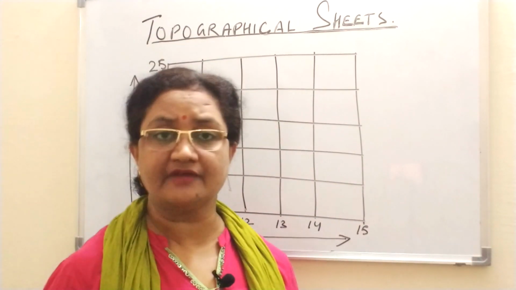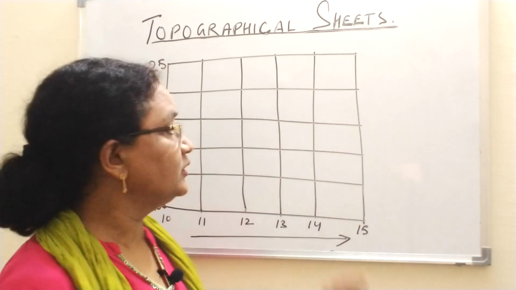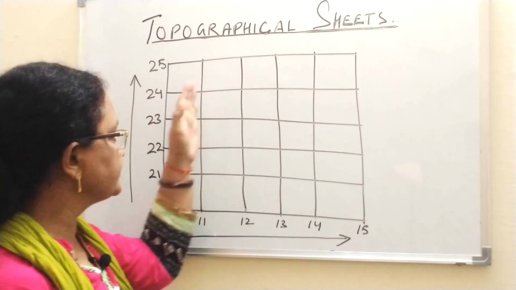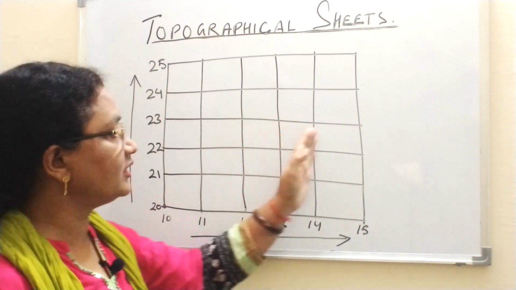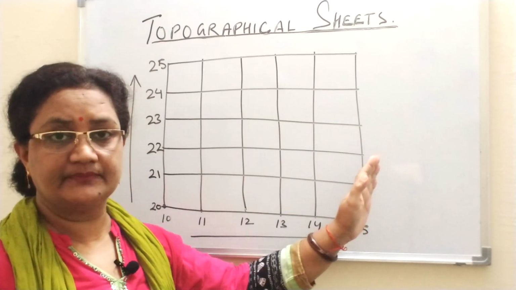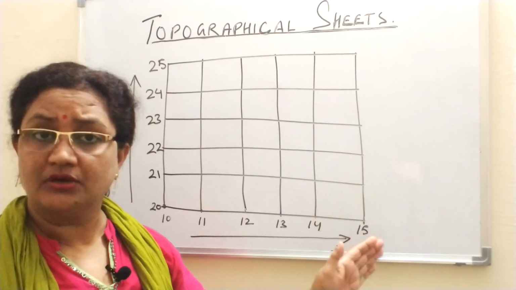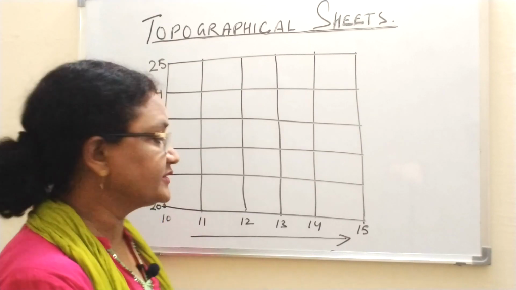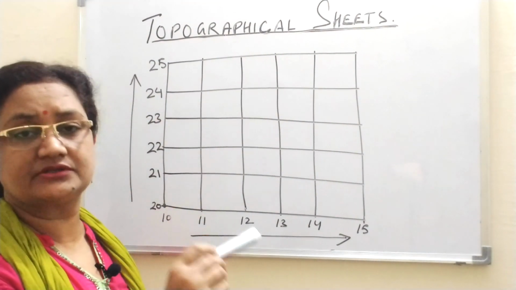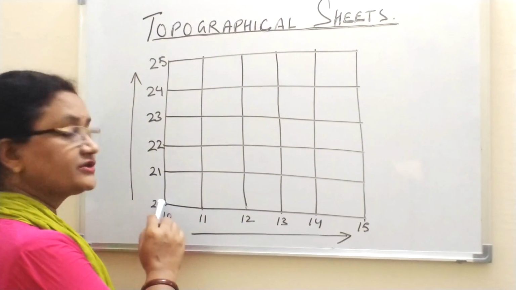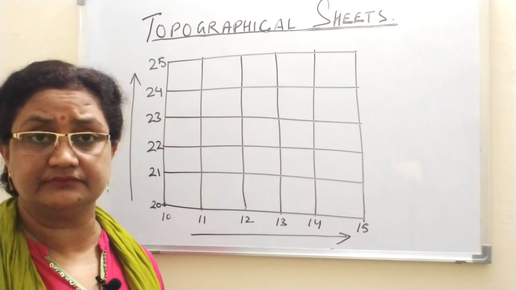So over the topographical maps, you can see these are vertically drawn lines, and these are called the eastings. Why are these called eastings? Because it is believed that the number starts from the southwest corner of the topo sheets.